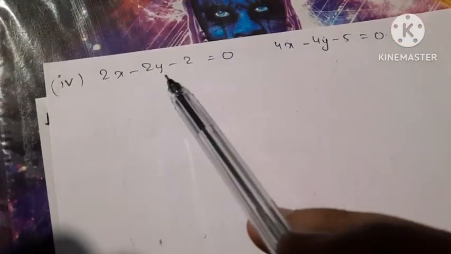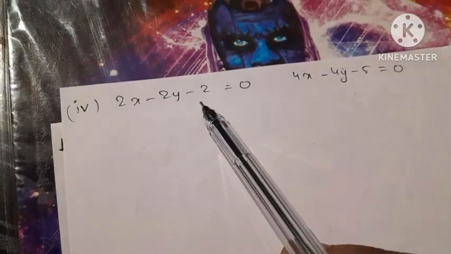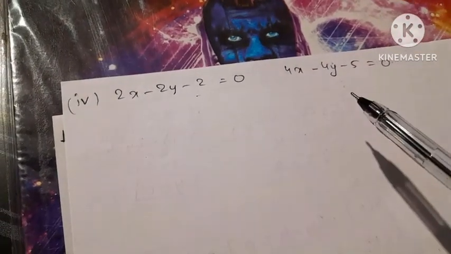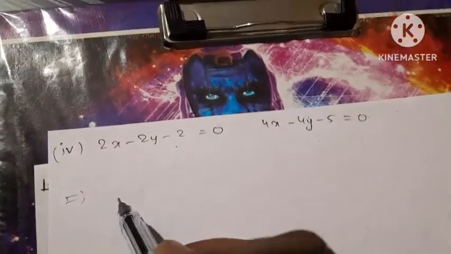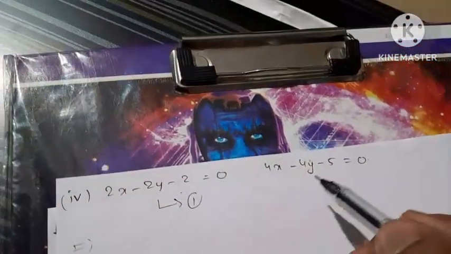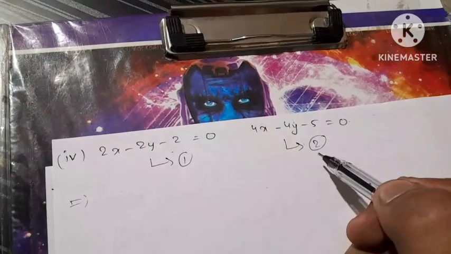Question number 4 has two equations, 2x minus 2y minus 2 equal to 0 and 4x minus 4y minus 5 equal to 0. So now we'll take this as equation 1 and this as equation 2.